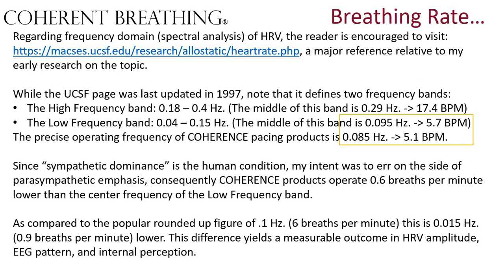The high frequency band, defined as 0.18 to 0.4 hertz. The middle of this band is 0.29 hertz. And if we convert that to breaths per minute, that comes out to 17.4 breaths per minute.